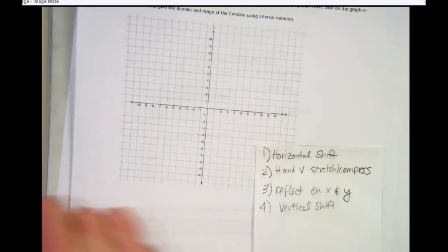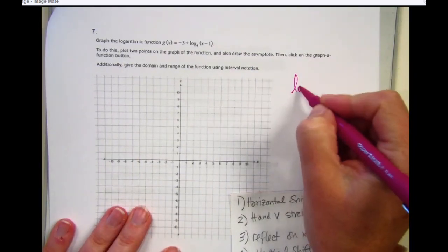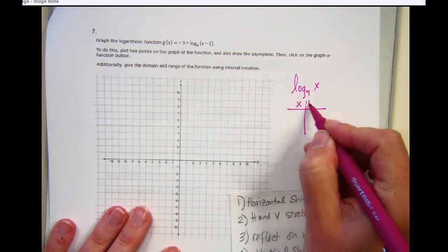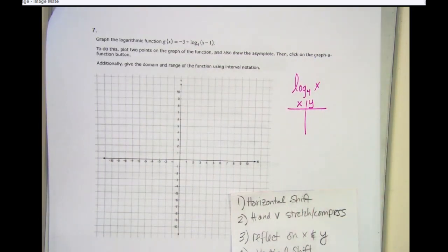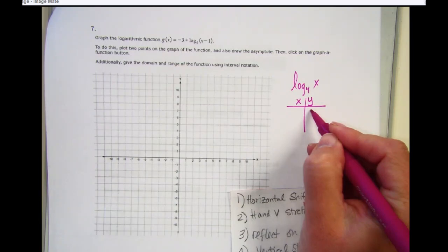All right, next one. Our parent function on this one is log base 4 of x. What's the point that we decided that we like every single time? 1, 0.